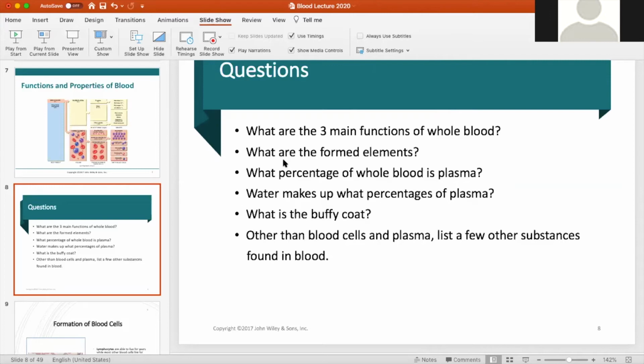There we go. All right, so nutrients, hormones, and waste are all found in what?